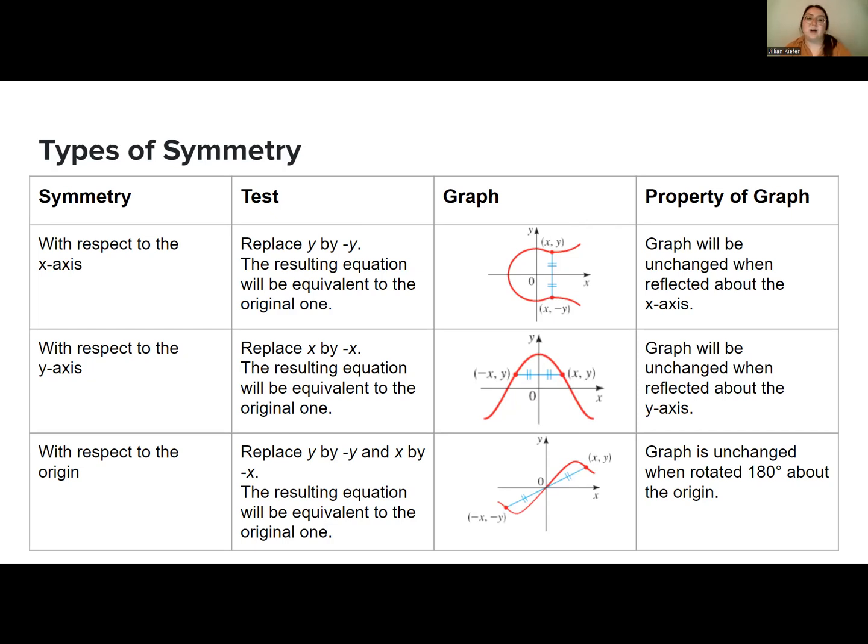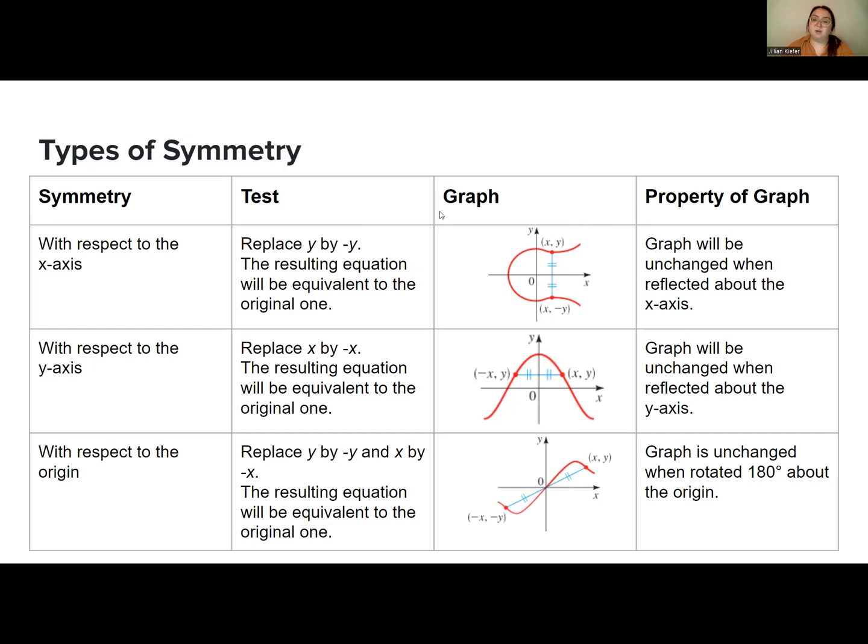If you want to algebraically test if something is symmetric to the x-axis, you would replace y with negative y. If the resulting equation is the same as the original, then it is symmetric. If it's not, then it's not symmetric.